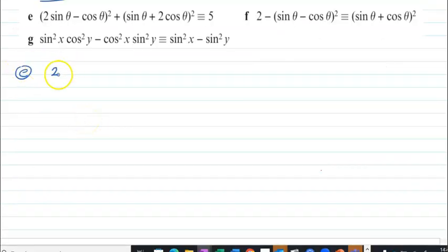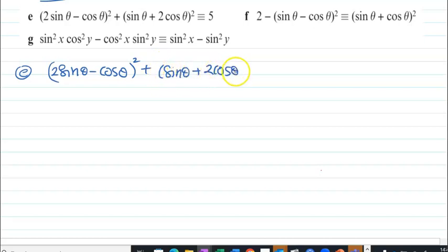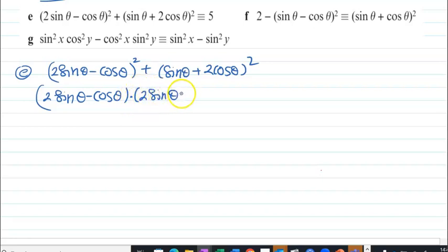Here it is the e part. It is 2 sin theta minus cos theta, guys, please see here, plus sin theta plus 2 cos theta, all squared. Okay. Now, once you expand it, expanding means 2 sin theta minus cos theta, you are multiplying with 2 sin theta minus cos theta.